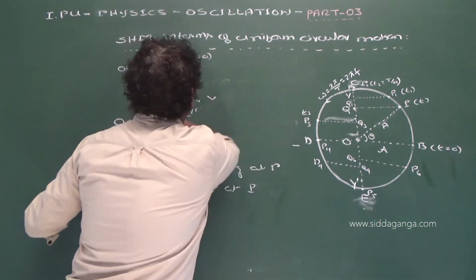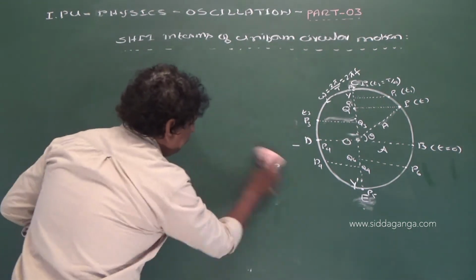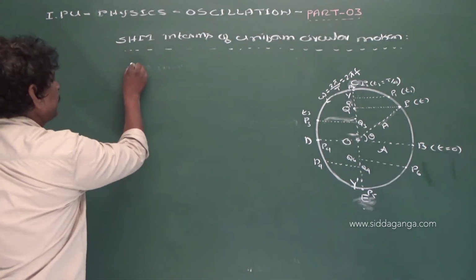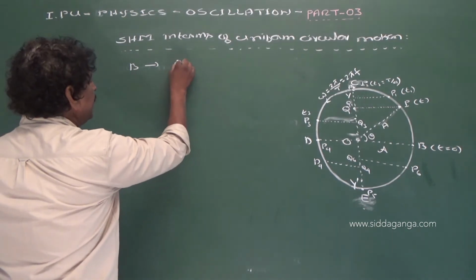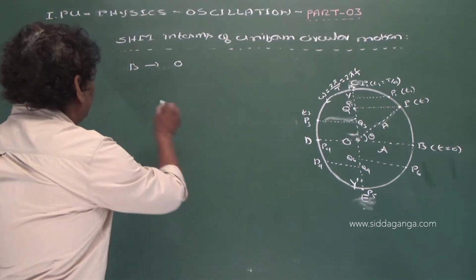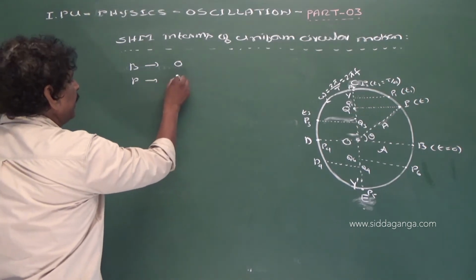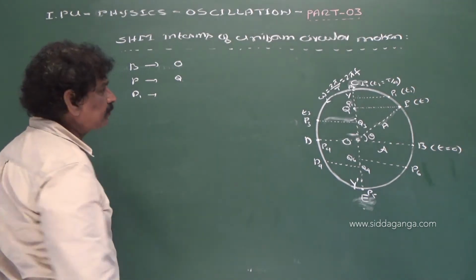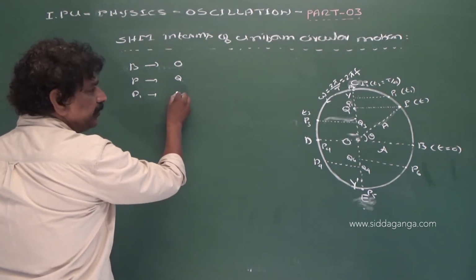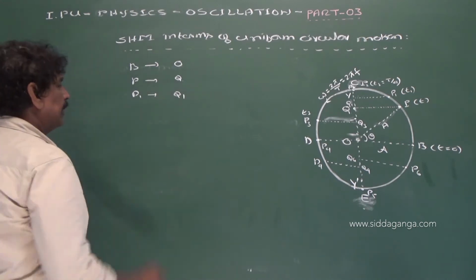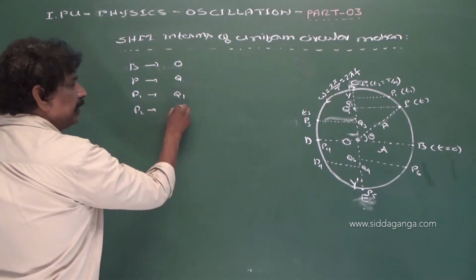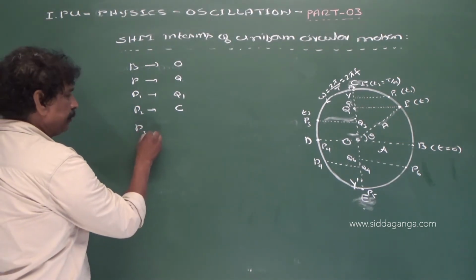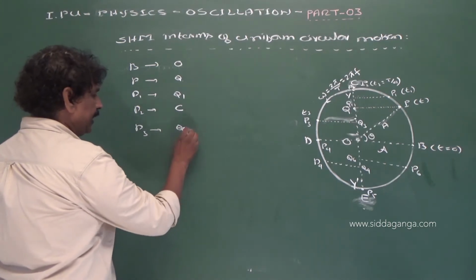So when the particle is at B, it is at O. At P, it is Q. At P1, it is at Q1. At P2, it is at C. Now at P3, Q3.